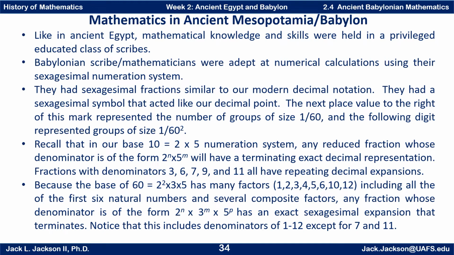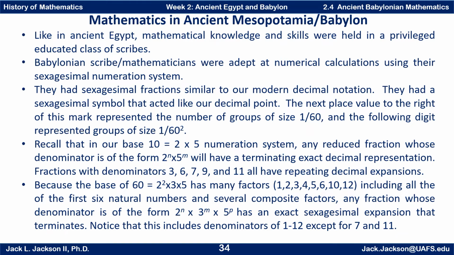Now recall that our base is base 10 in our numeration system, which in prime factorization form is 2 times 5. One of the consequences of that is that any reduced fraction whose denominator is of the form 2 to the n times 5 to the m will end up having a terminating exact decimal representation, base 10 representation.